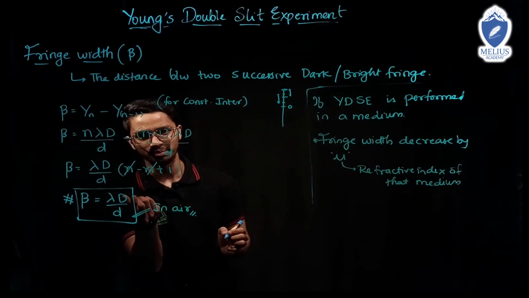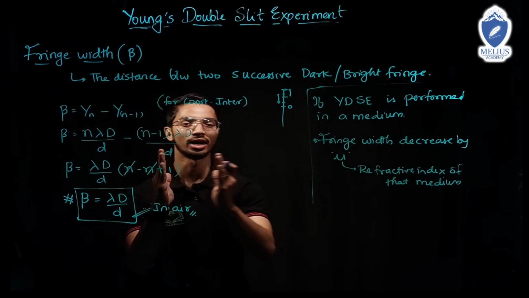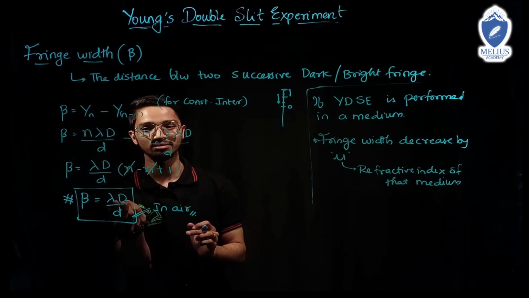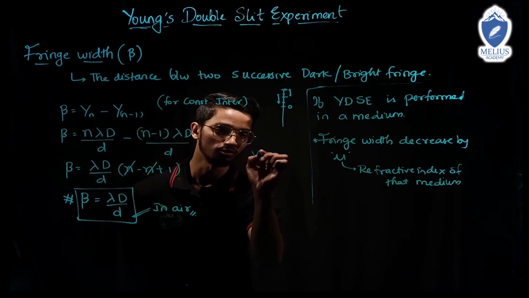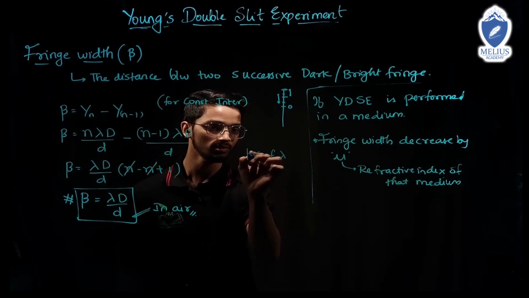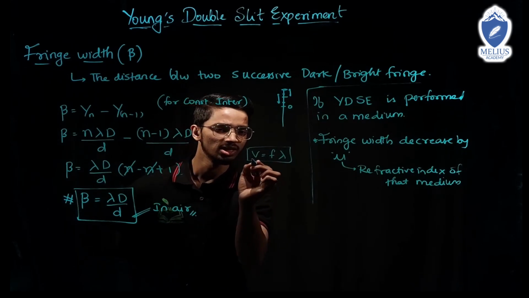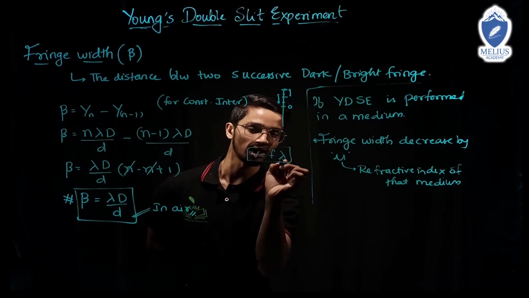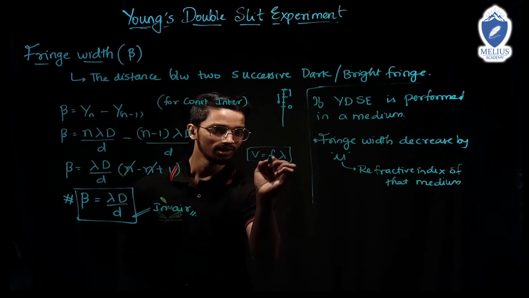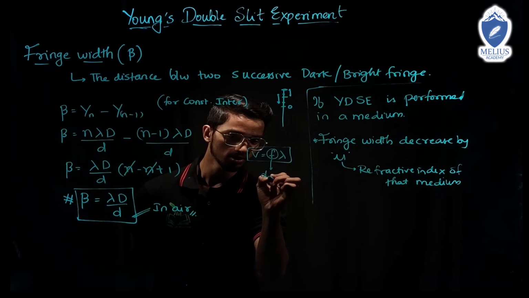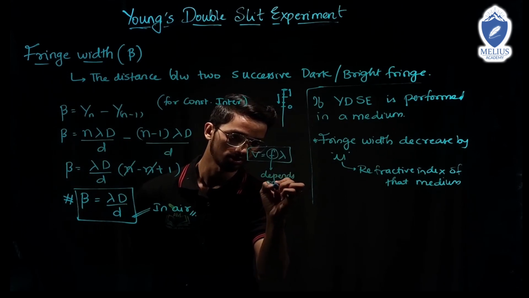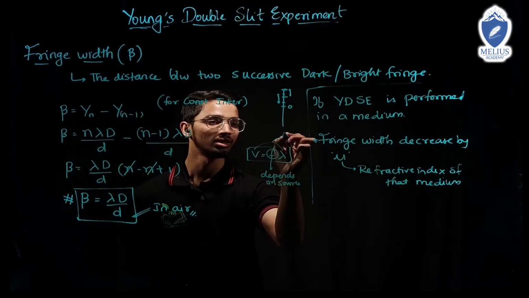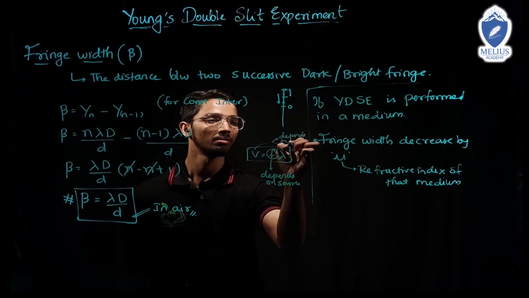See, this capital D is constant, the distance between slits and the screen is constant. This small d is also constant, the distance between two slits, but lambda changes, right? We know that v is equal to f lambda. What is v here? Speed of wave. f is frequency of wave, and lambda is the wavelength of wave. Frequency depends on source, but velocity and wavelength depend on medium.